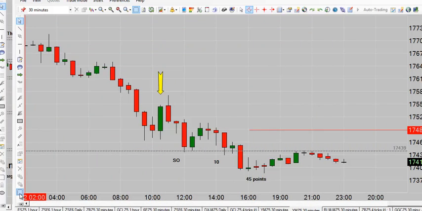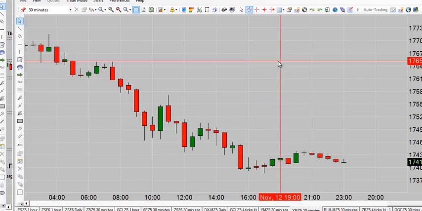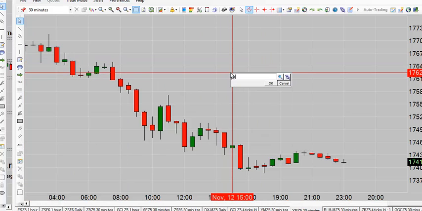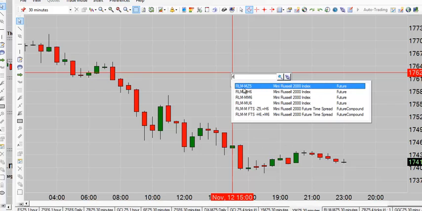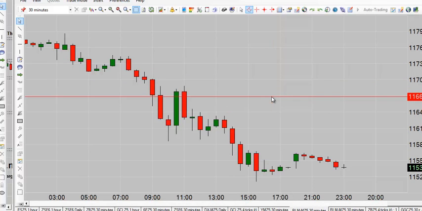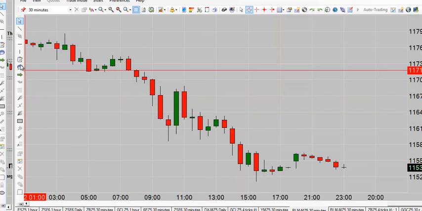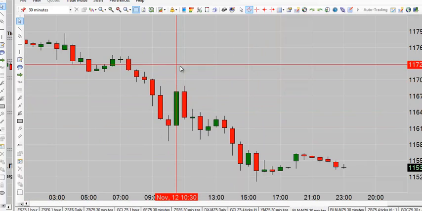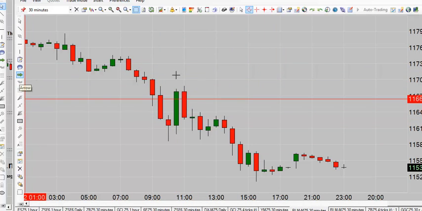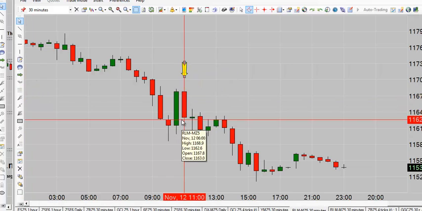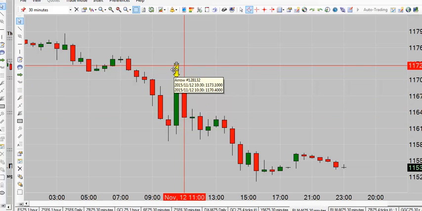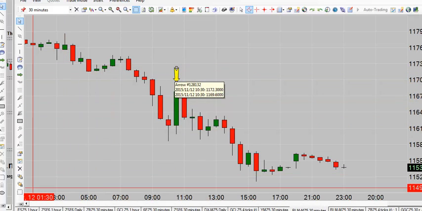Get rid of all drawing objects. Make this a Russell chart. Find the 10:30 candle. Is that it? That's it. Okay.